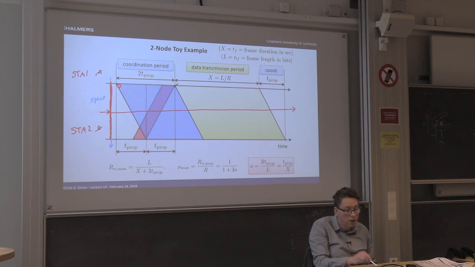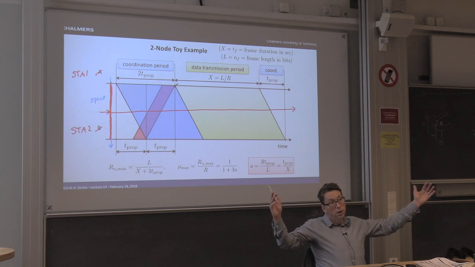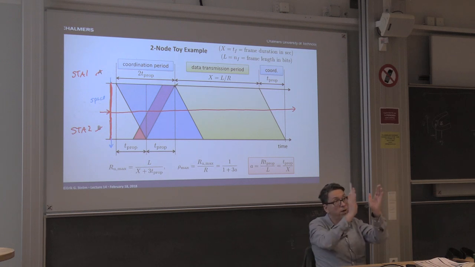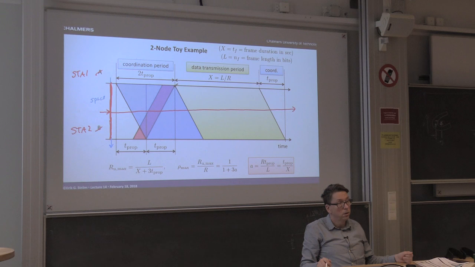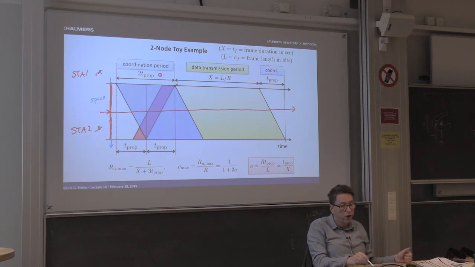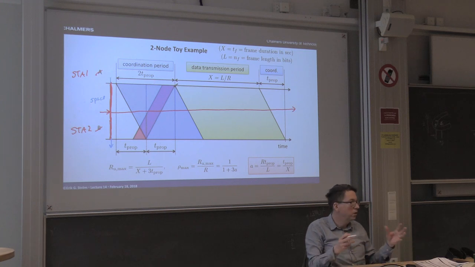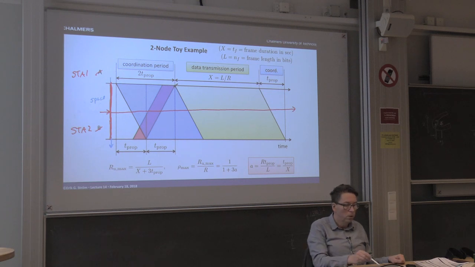Because then the coordination period is long compared to the frame period where we actually transmit data, and therefore the efficiency is low. And this coordination period, however we do it, is somehow related to the propagation time, because this is how long it takes to inform each other of what's going on. Whatever station number 1 does takes t-prop seconds to get to station number 2.